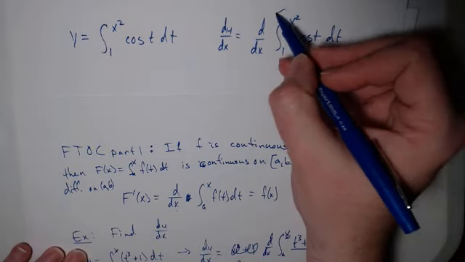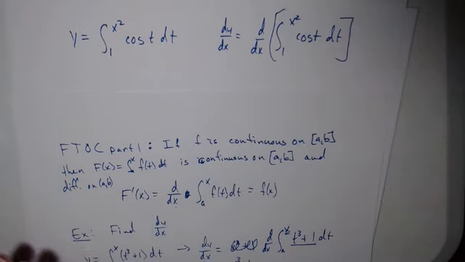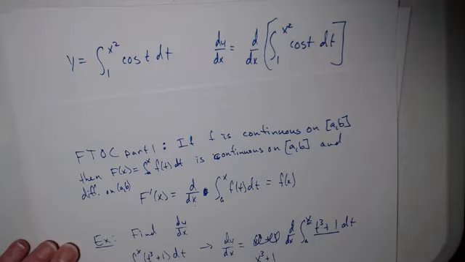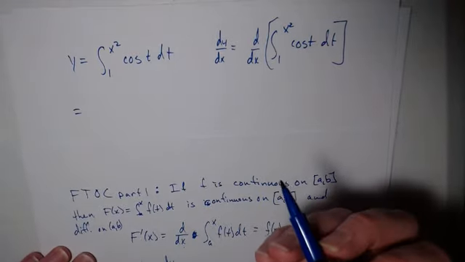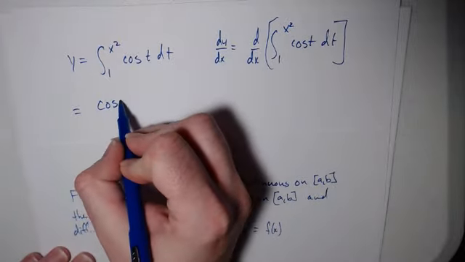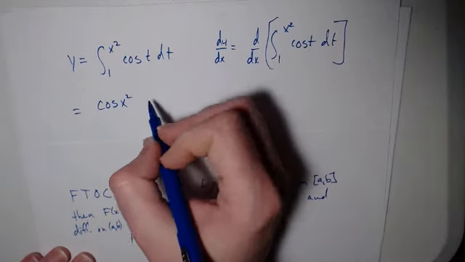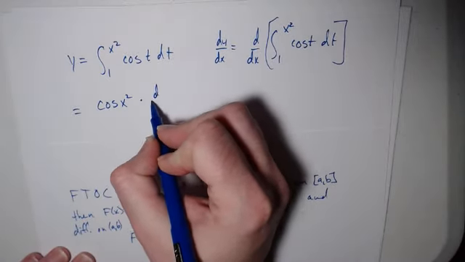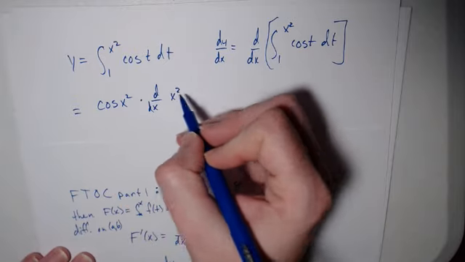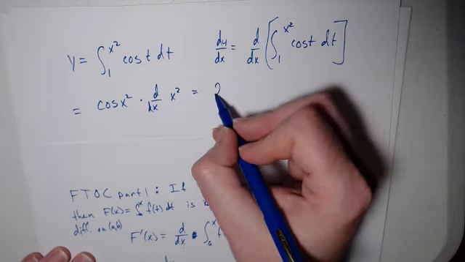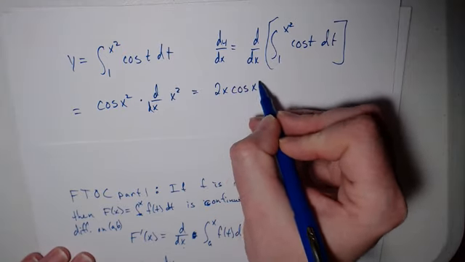But remember, this whole thing is just our function of x. So this is where the chain rule comes into play. So this is equal to cosine of x squared times the derivative with respect to x of x squared. So that's just 2x cosine x squared.